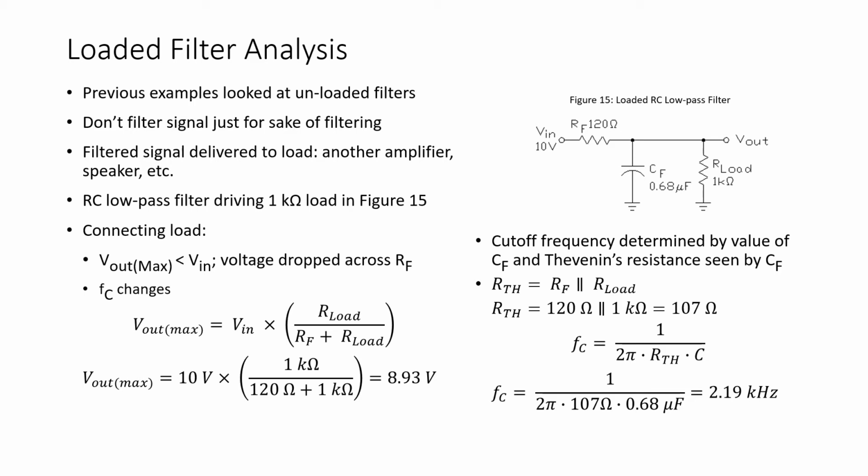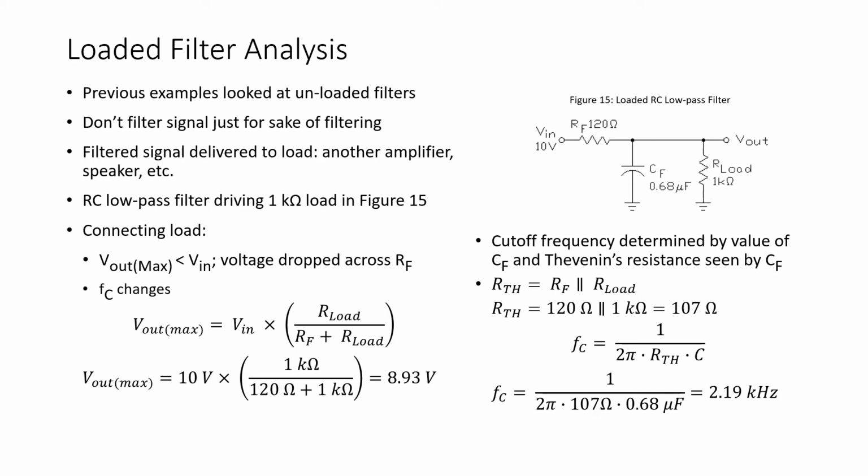And again, when we calculate this, what we're going to do is replace this capacitor with an open, which is what occurs at frequencies approaching 0 hertz. And with the capacitor open, we're left with a simple series circuit consisting of RF and R load. So the output voltage at low frequencies, the maximum output voltage, is calculated at 8.93 volts.